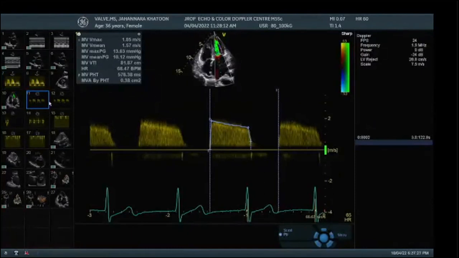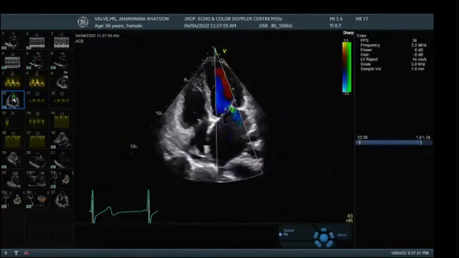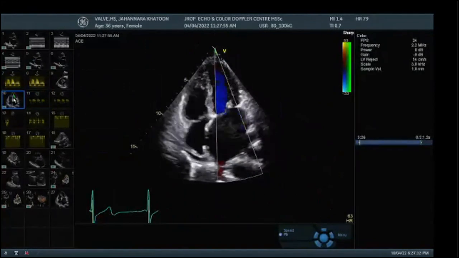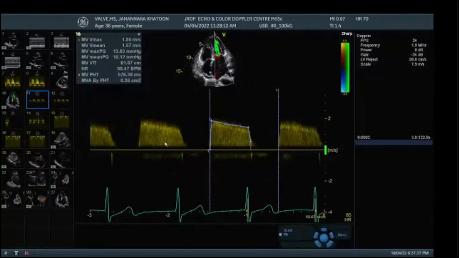Look, this is one lady whom I showed you the valve. Can you remember this mitral valve? She's in atrial fibrillation. So now look at the patterns. You will find many patterns because there's no A wave in this patient. You can see only one single E wave, going up to the end of diastole.